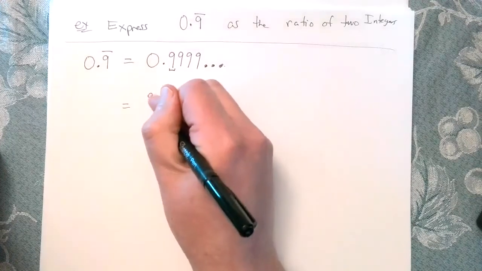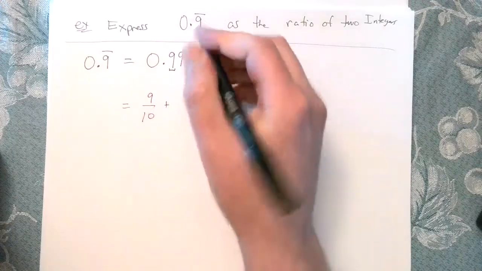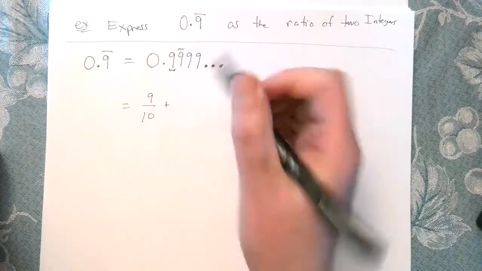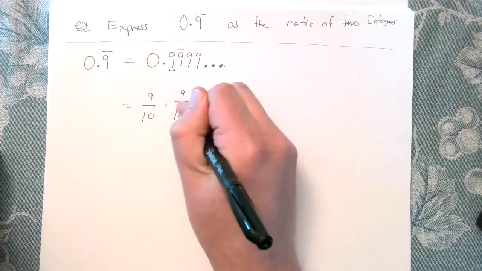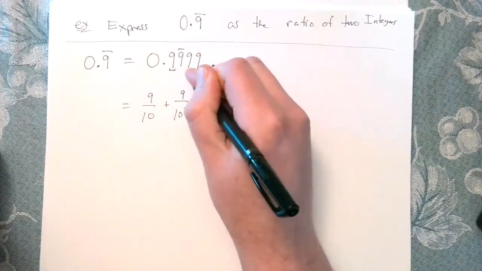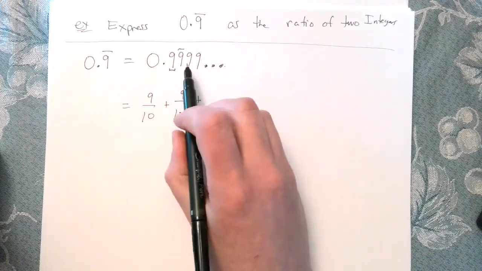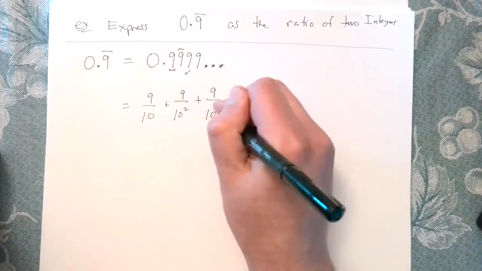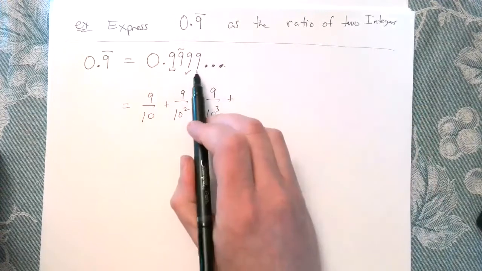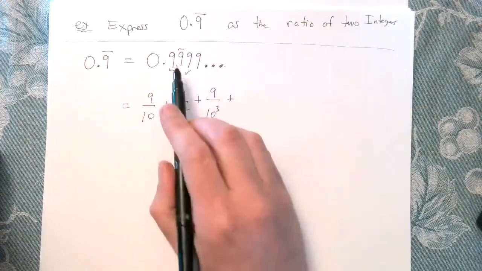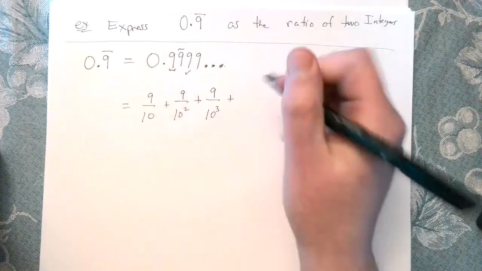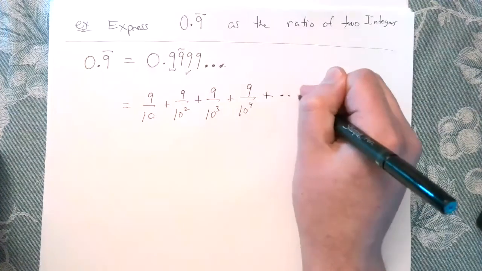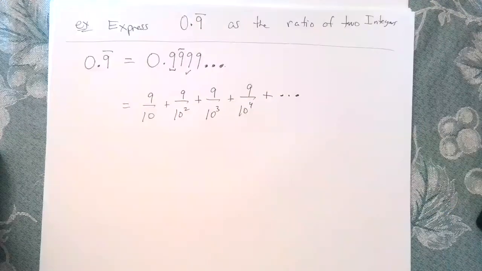So this is 9 over 10 plus, now if I look at this, this would be 9 over 10 to the second power, plus this right here would be 9 over 10 to the third power. Again, thinking about this in terms of place value. And this would be 9 over 10 to the fourth power. And then don't forget plus dot dot dot because this is indeed infinite.